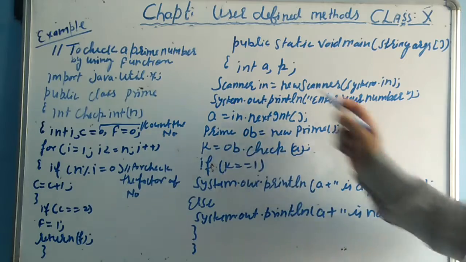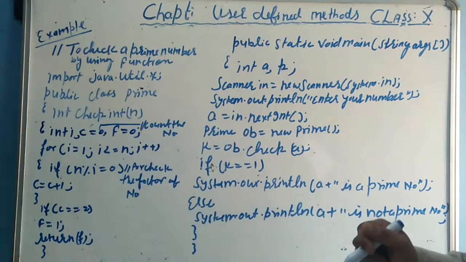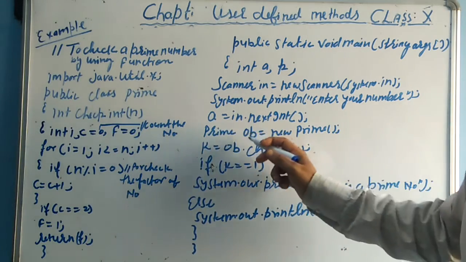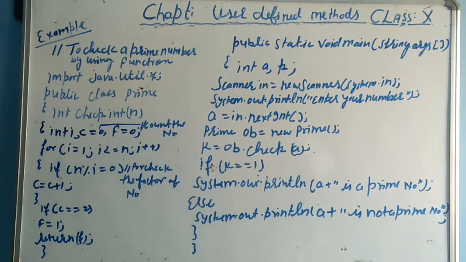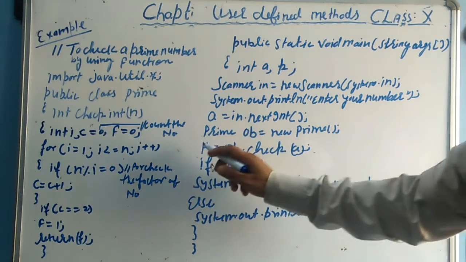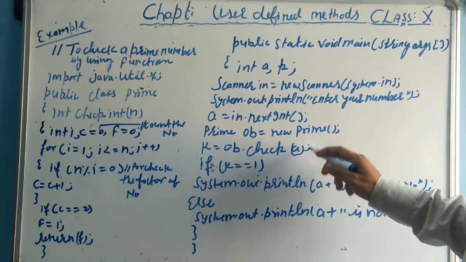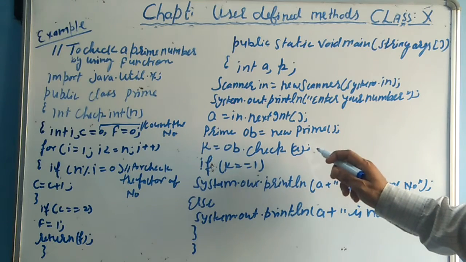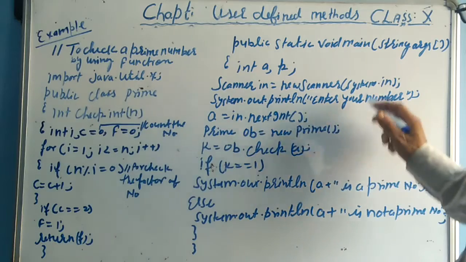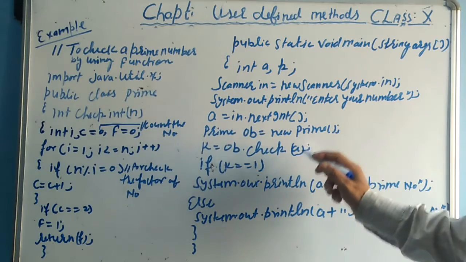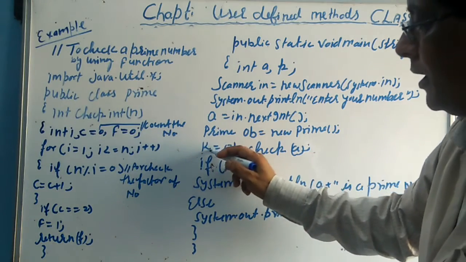Now we have to create an object for it. Prime object is equal to new Prime(). With the help of this object, now k is equal to object.check(a). It means the value of a that you give will be checked into k.